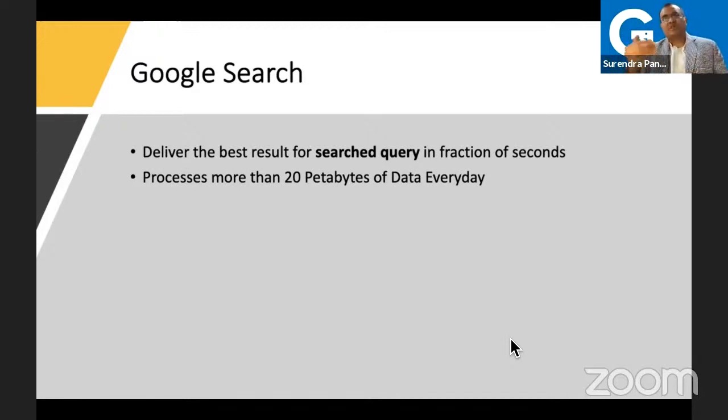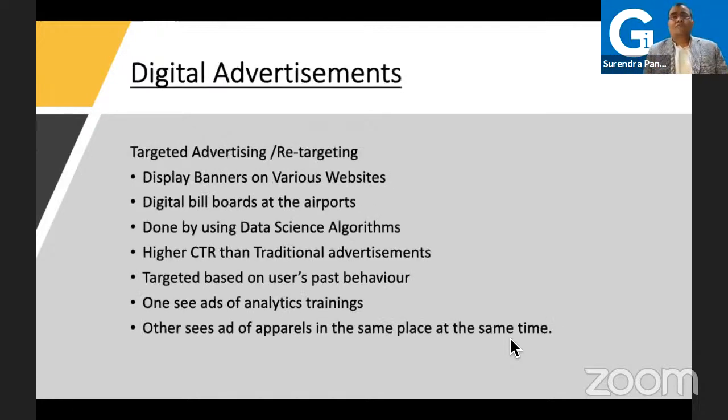The recommended search query also comes up easily. Google search engine already has that queries database, and you simply write one keyword and Google tells you the query also. The Google search engine is processing almost 20 petabytes of data every day, and within a fraction of a second you get the result you're expecting.